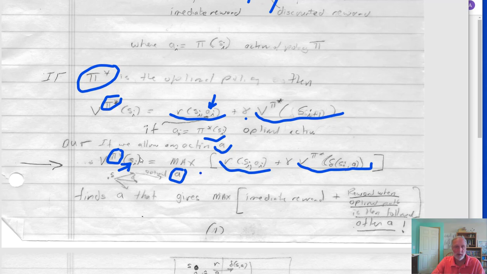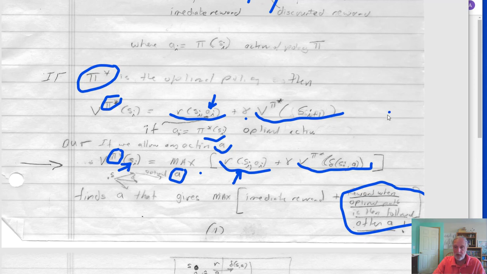Makes sense, right? So if we want the optimal V, we try all possible actions. We take that action, and then from then on, we follow the optimal policy. So if we can do that, then we can calculate the V for the optimal policy for our current state.